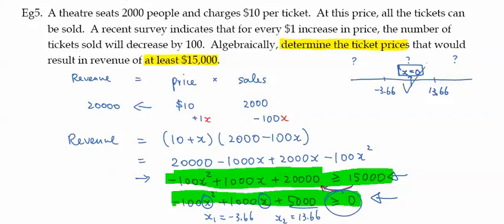This is correct. And that means I can adjust the price. I can go lower, I can drop the price by $3.66. I can raise the price by $13.66.